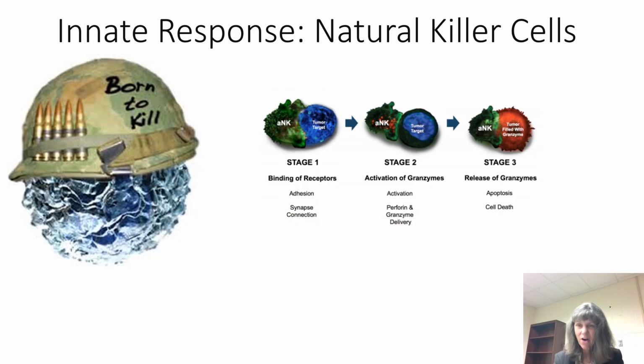Natural killer cells are also part of the innate response, and they work by looking for cells that are abnormal, either by having a coating of antibodies on them. Those cells become target cells if they're coated with antibodies, or if they lack proteins that also help determine self from non-self, which are class 1 major histocompatibility complex proteins. It's a mouthful, okay?